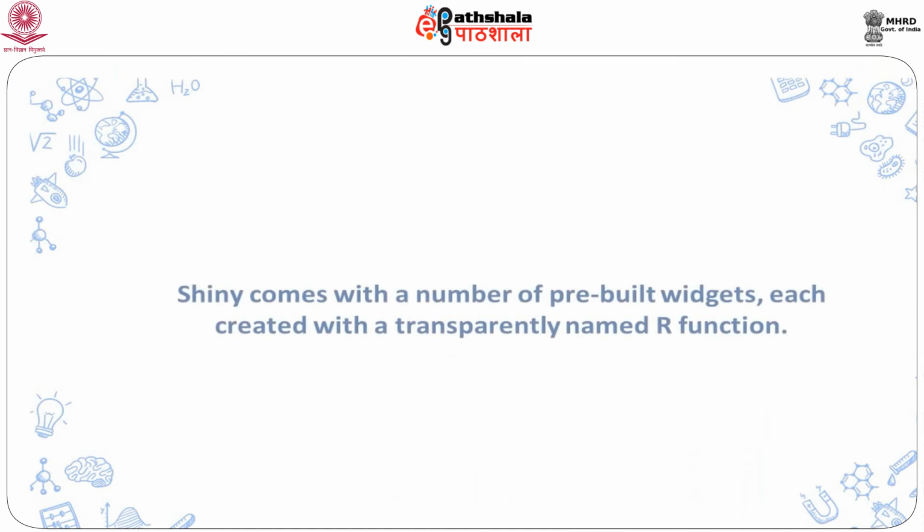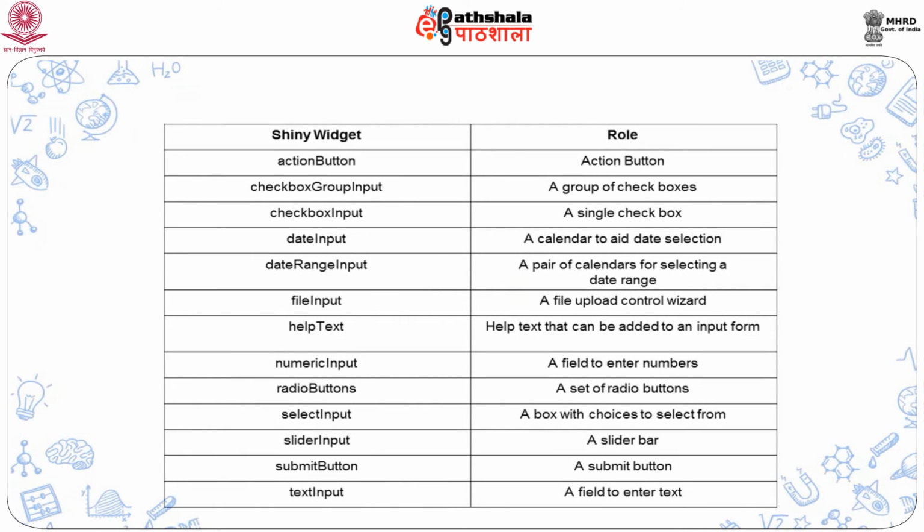Now Shiny comes with a number of pre-built widgets, each created with a transparently named R function. So here are some Shiny widgets and their roles. The actionButton is an action button. Then checkboxGroupInput is a group of check boxes.